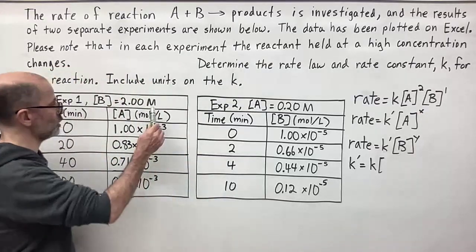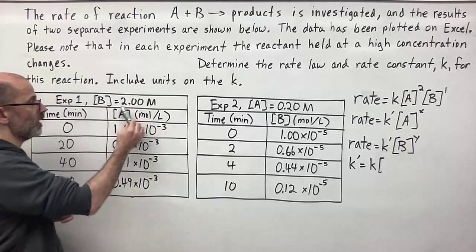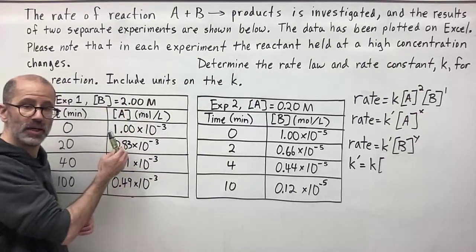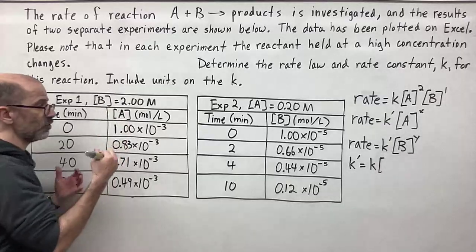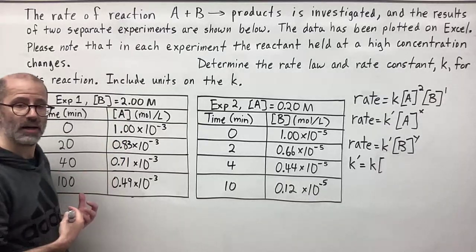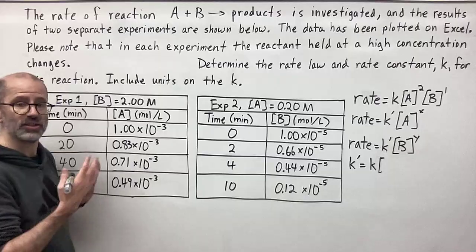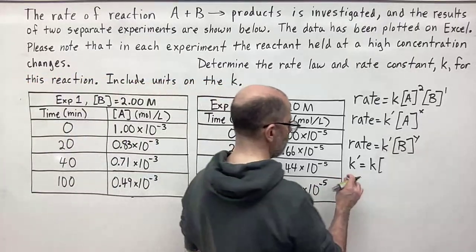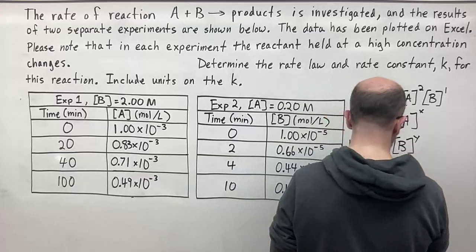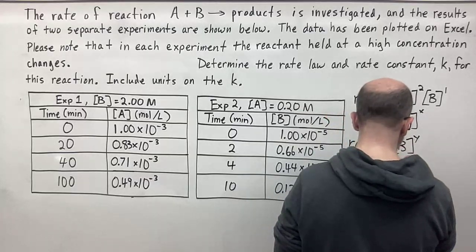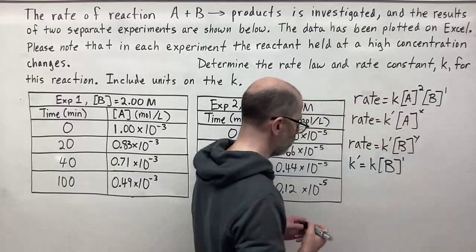In experiment 1, it was the concentration of B, which is first order. So the concentration of B is absorbed into the rate law constant, giving us the pseudo rate law constant. So the pseudo rate law constant is equal to the rate law constant multiplied by the concentration of B to the 1 power.